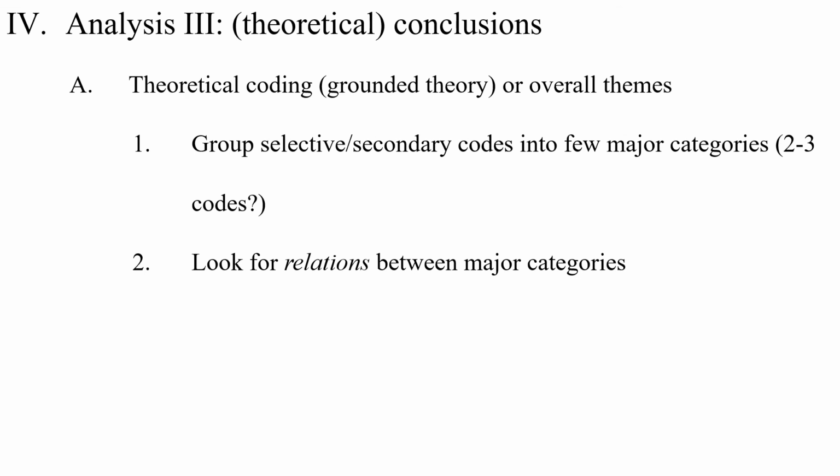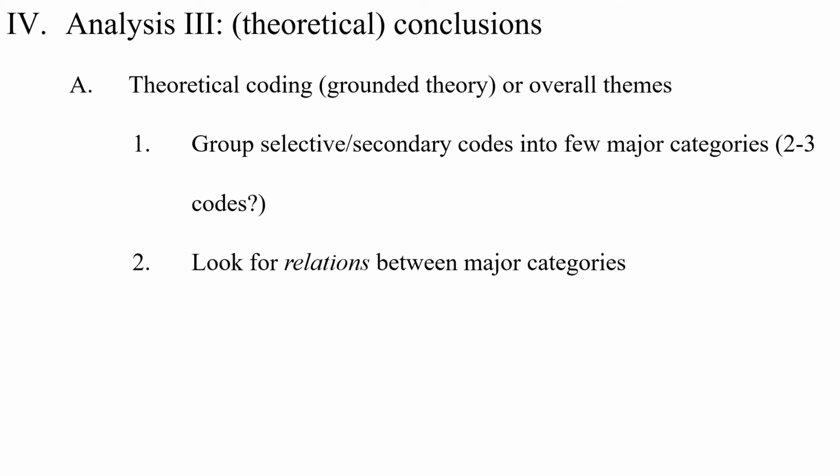So once you've gone through your data twice, and let's say I've gone through my data twice and organized it in a story, whereas somebody else has gone through their data twice and organized it in basic codes or open codes and then selective or secondary codes, then you go through it yet again. Let's say I wrote it up. I wrote my story. Well, then, okay, what's the point of my story? Or somebody's done their coding and then they've done selective coding and then they wrote it up. What's the point of their analysis of these themes?